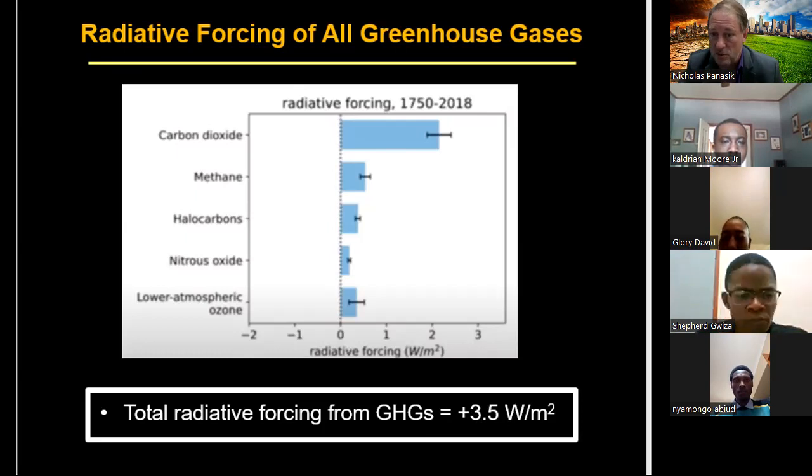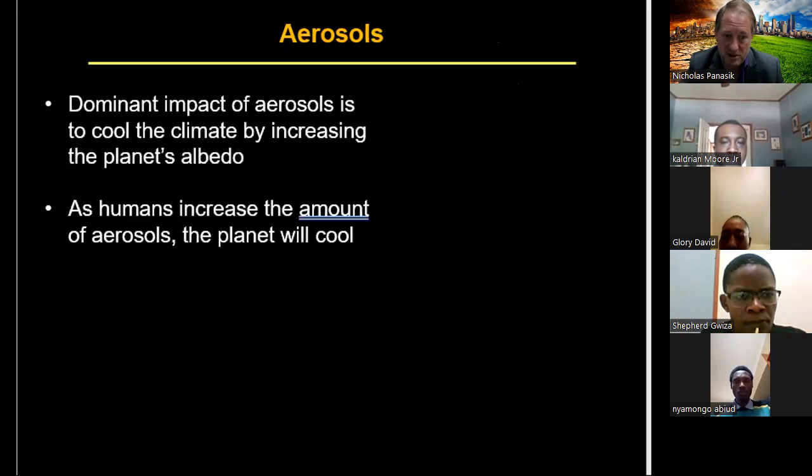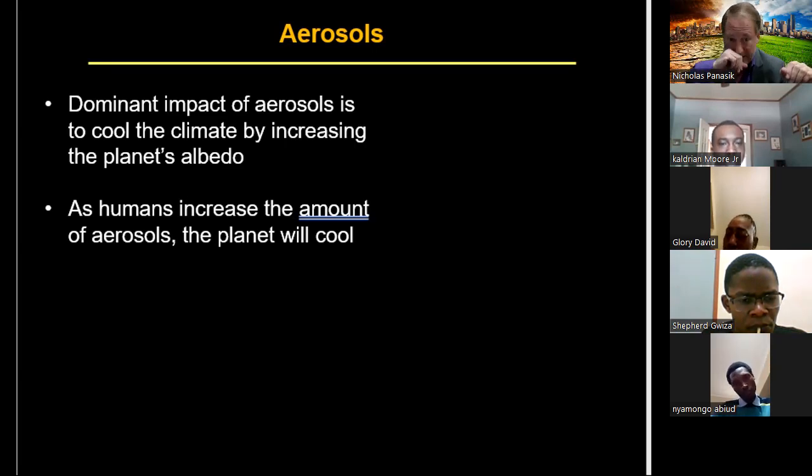aerosols are also important when it comes to looking at climate change. So the dominant impact of aerosols is to increase the albedo of the planet. So these aerosols often will, in clouds, what clouds are is the water vapor, and they're condensing around little particles in the air.